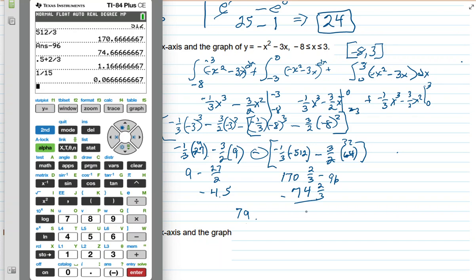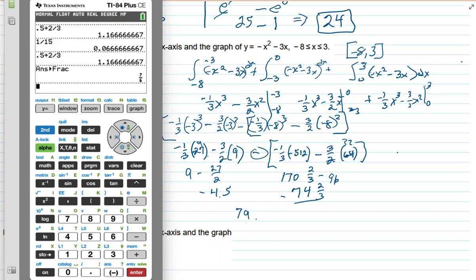Okay, so it's going to be, what is it going to be? 15. Seven sixes. All right. There it is. And that's what we had on our list.